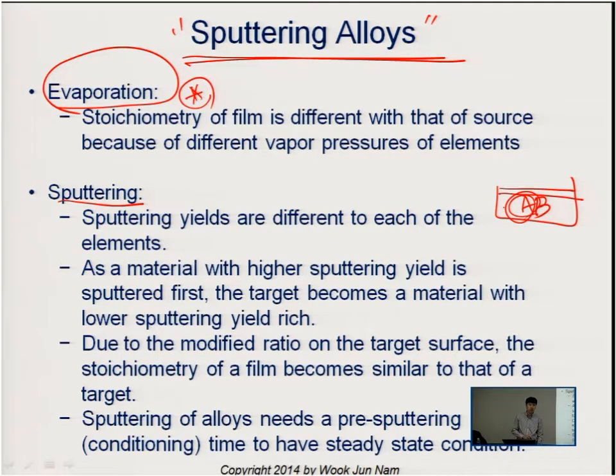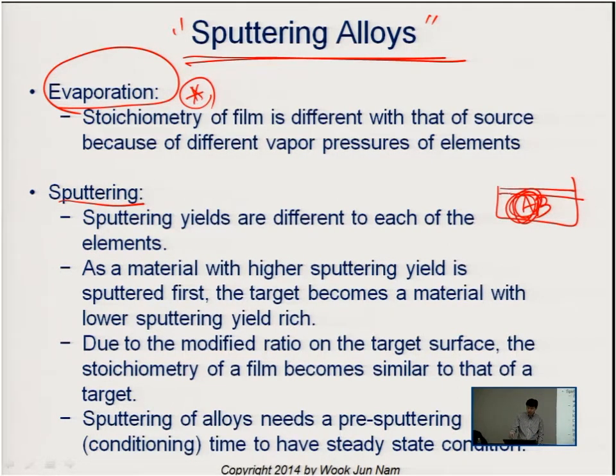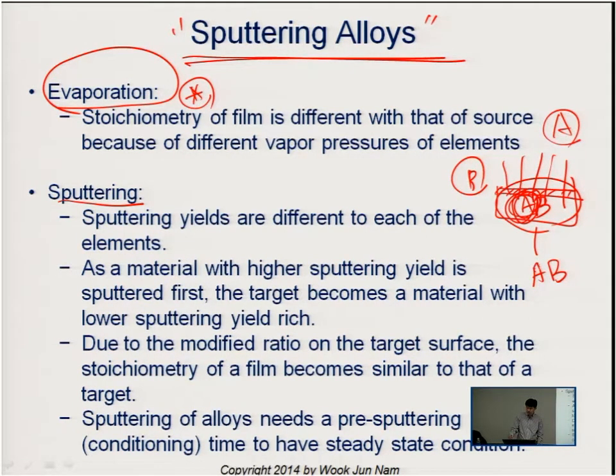During the initial sputtering cycle, A is sputtered more, so the flux of A is much higher than B. But after some time passes, the target surface becomes B rich, since the A element is removed much faster than B.